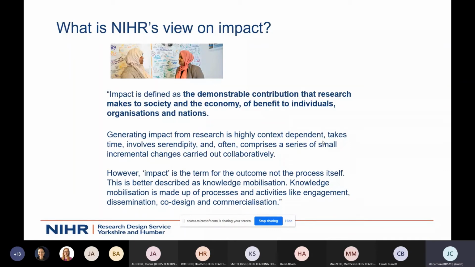And there are many academic institutions which offer support for researchers and junior researchers to think about impact and about how to demonstrate impact. The process of demonstrating impact is perhaps better known as knowledge mobilisation, and there's lots of different things that come under that term, but the impact is actually the outcome itself.